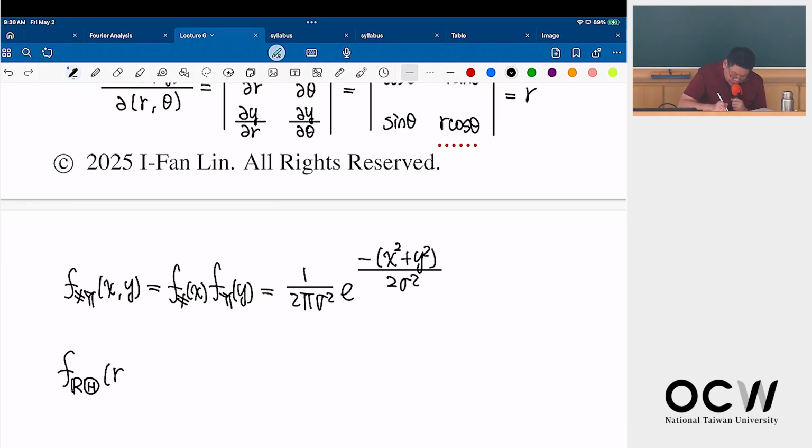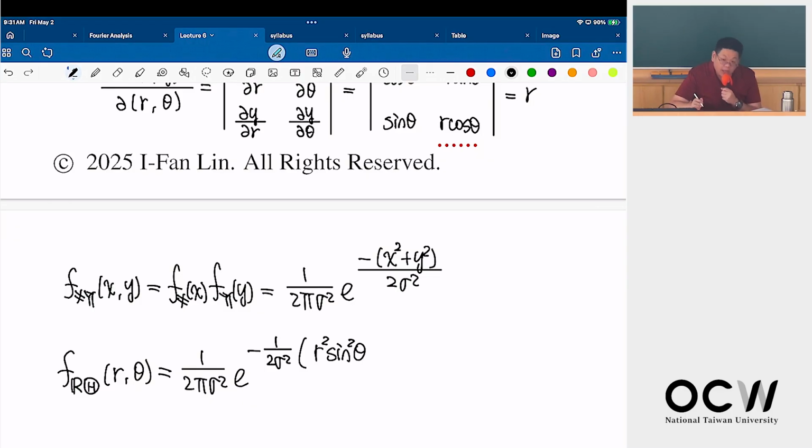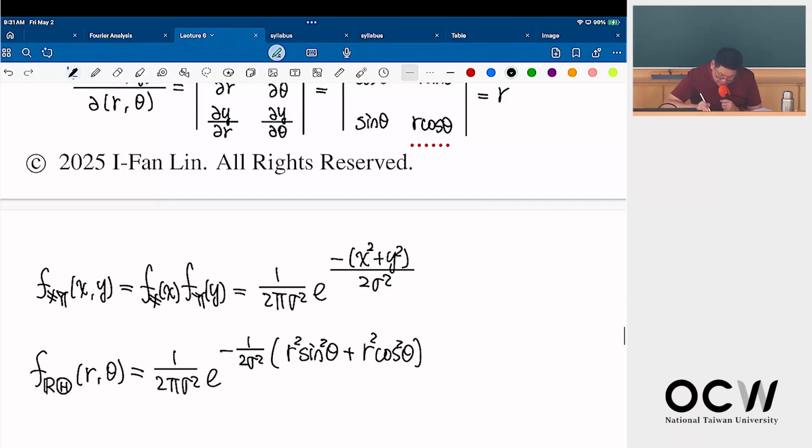Now for this joint PDF, there'll be the joint PDF of xy, that is 1 over 2 pi sigma squared, e to the minus 1 over 2 sigma squared, where x squared is r squared cosine squared and y squared is r squared sine squared, times the Jacobian, the absolute value of r.